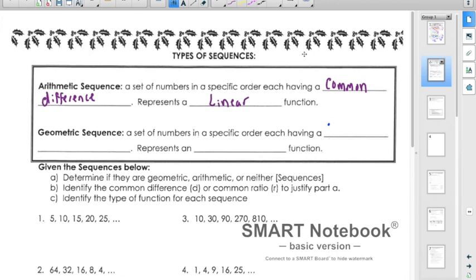Now, geometric sequence, a set of numbers in a specific order, each having a common ratio. And it represents an exponential function.